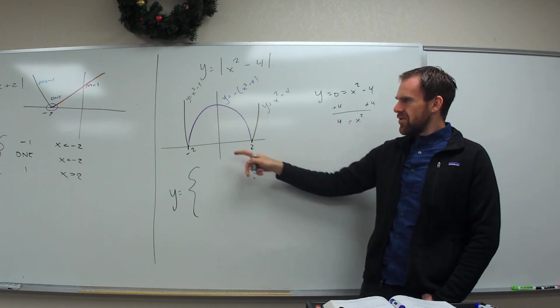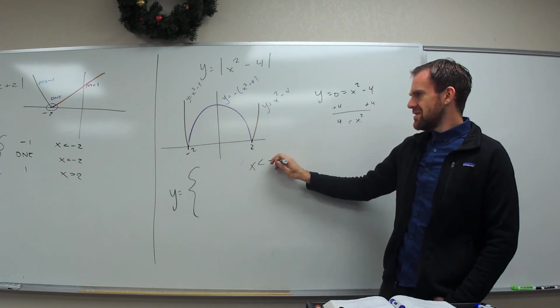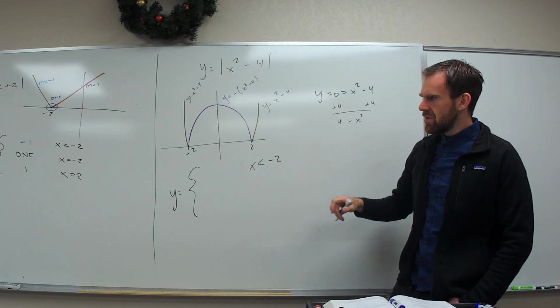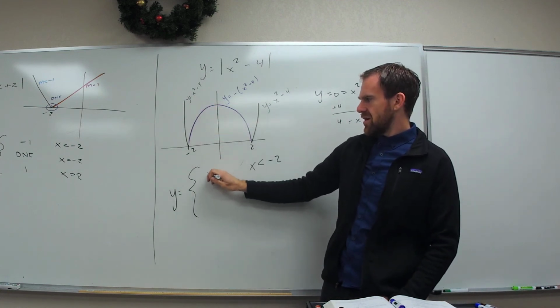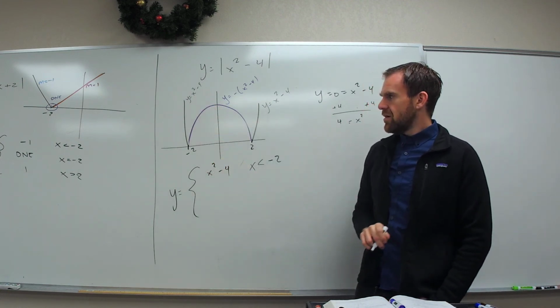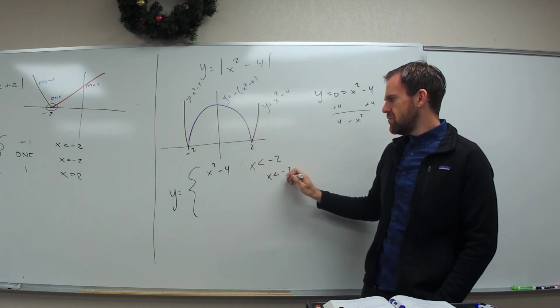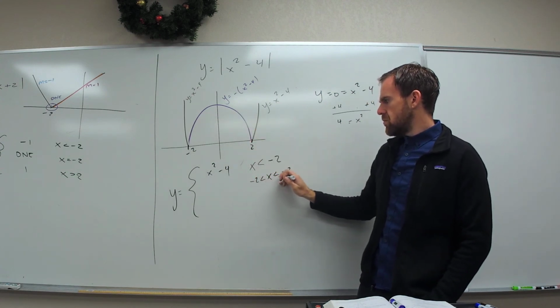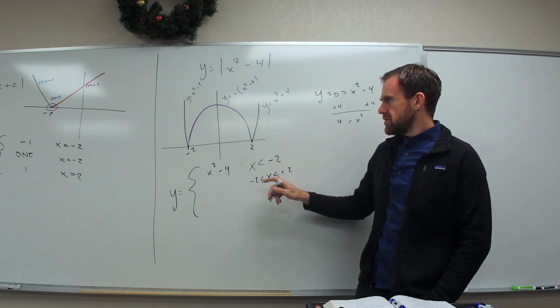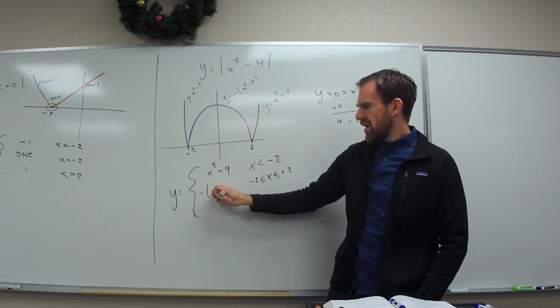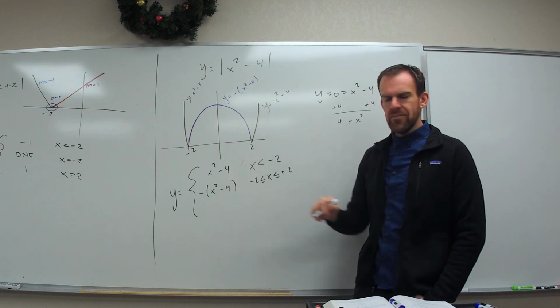Okay, so for this part, x's are less than -2, and it follows x squared minus 4. Now here, between -2 and 2, it follows negative x squared minus 4.